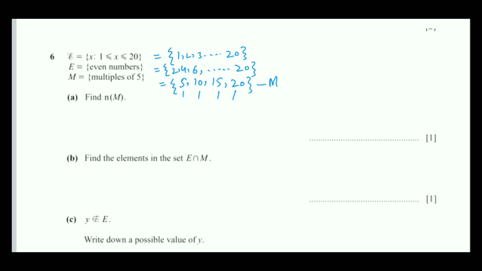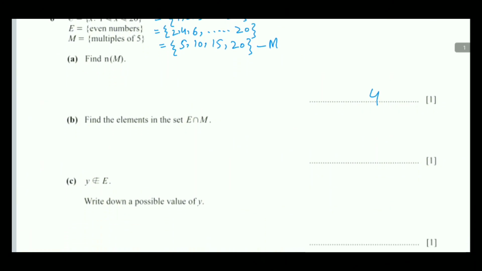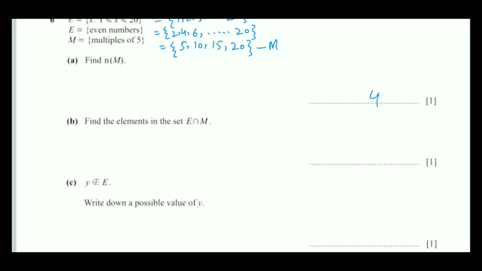So there are 4 elements in this set. So you will write here 4. 4 will be the answer. If they just write find M, it means you have to write all the elements. But if they are asking for n of any set, it means you have to write just the number of elements after counting.